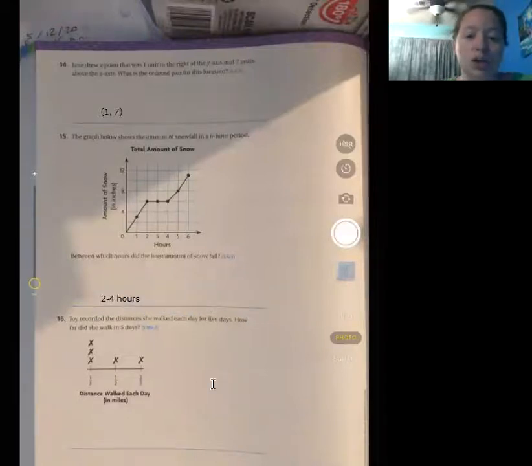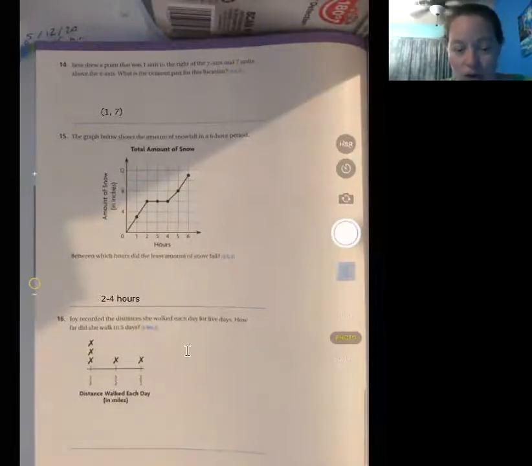Number 16, Joy recorded the distances she walked each day for 5 days. How far did she walk in 5 days? 1/3, 2/3, 3/3, which is equal to 1. 1/2, and then 2/3.